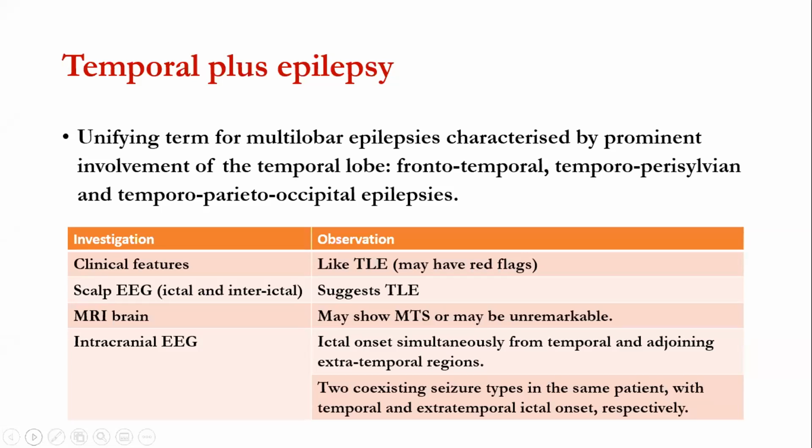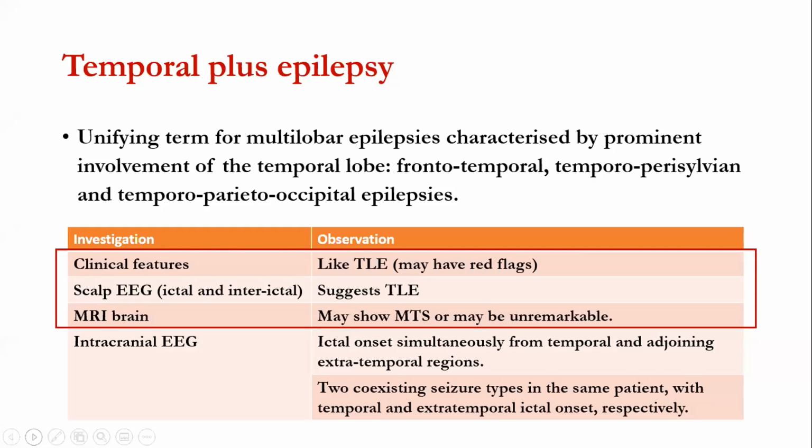MRI may show a mesial temporal sclerosis, or it may not. With intracranial EEG, you can detect ictal onset which is simultaneously from temporal and adjoining extratemporal regions, or you could have ictal onset from one location and another ictal onset from an extratemporal location. And they may also have slightly differing semiology, but the entire network is one.